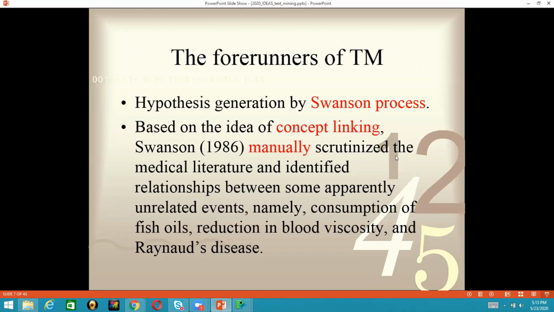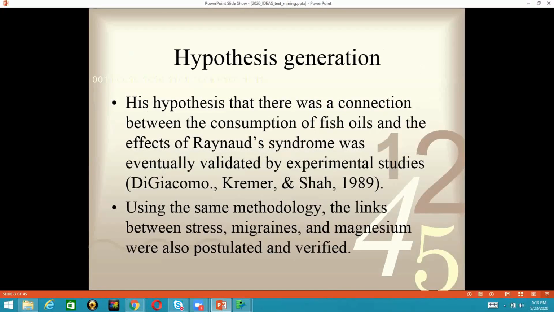He scrutinized the literature and found the relationship between some events that appeared to be unrelated, like consumption of fish oil and also Raynaud syndrome.